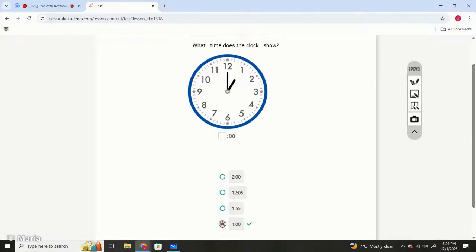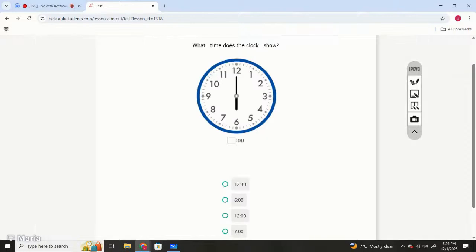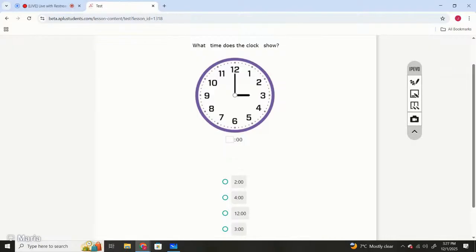Option number 4 is the correct option. What time does the clock show? Which is the correct option? Very good. 6 o'clock it is.